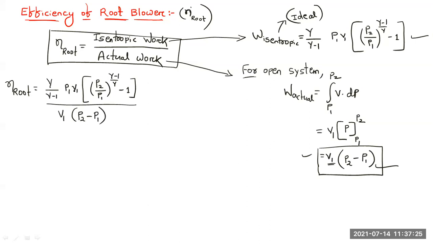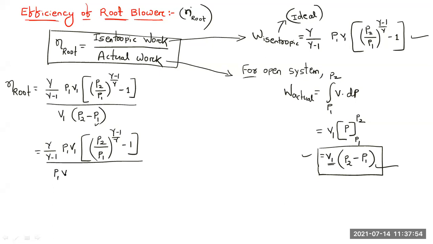Here P1 V1 is there, in the denominator only V1 is there. So in the denominator we take this P1 outside. What I have done here is taken P1 outside.